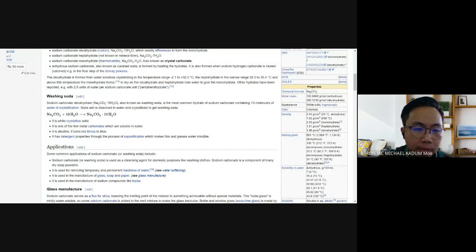Dia one of the few metal carbonates, alkaline, turns red litmus blue. Ini tidak perlu dihirau dulu. Yang penting sekarang, structure yang ini, yang dalam soalan kamu ni, adalah washing soda. So what is washing soda? Okay, dan dia ada dalam white crystalline solid. Okay, so washing soda.